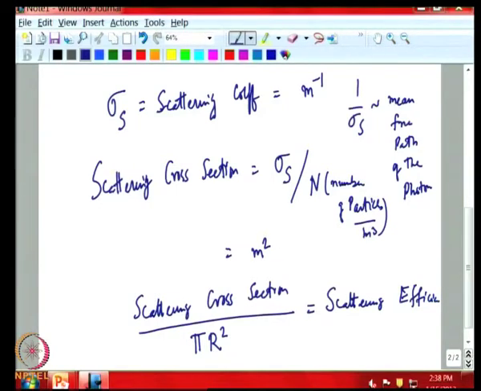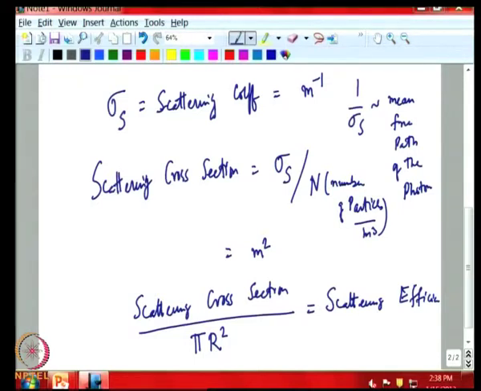So, we prefer the scattering coefficient because 1 over scattering coefficient is a measure of the mean free path of the photon. Others like scattering cross section, which gives an idea of what area is influenced by scattering. So, it is nothing but scattering coefficient divided by the number of particles per meter cubed.